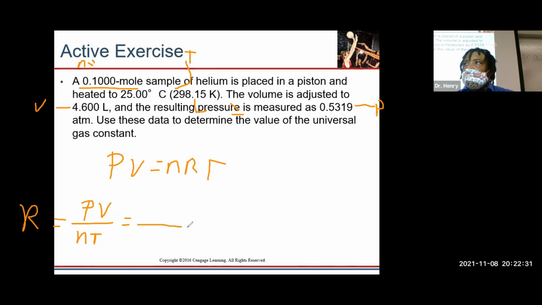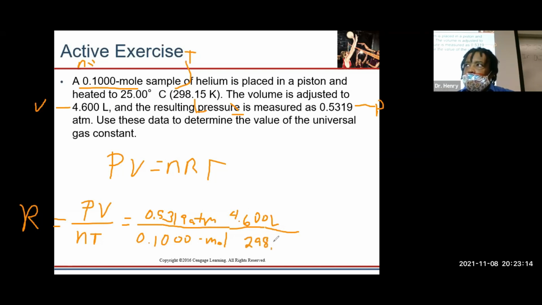So if we plug and chug, let's see, 0.5319 atm, our volume, 4.600 liters, number of moles, 0.1000 moles, and our temperature, 298.15.